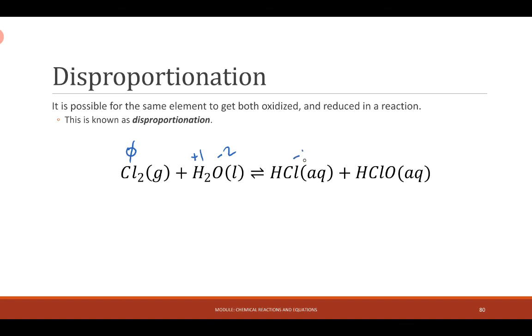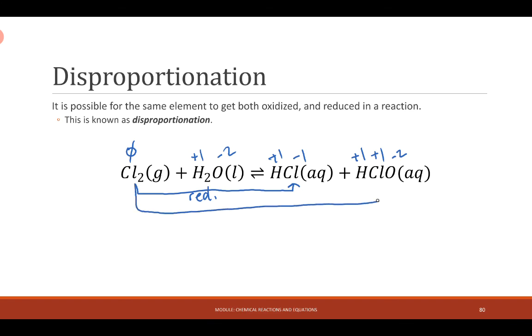On here, chlorine is a -1, hydrogen is a +1. Now we have oxygen as a -2, hydrogen is a +1, and so that means that to add up to 0 here, chlorine has to be a +1. And so chlorine is both reduced and oxidized. And that is known as disproportionation.